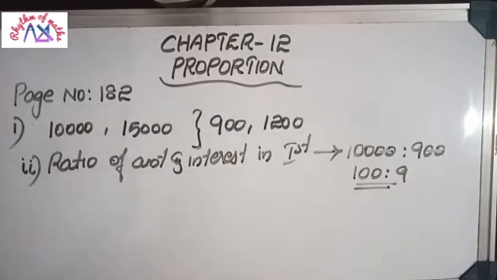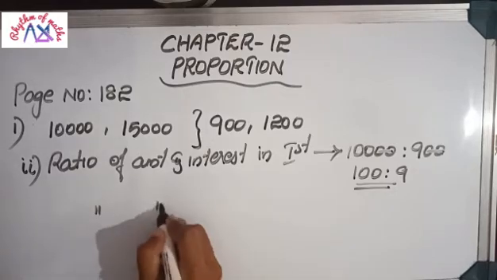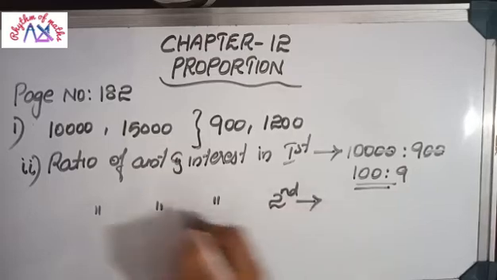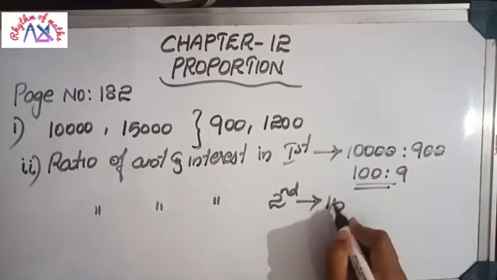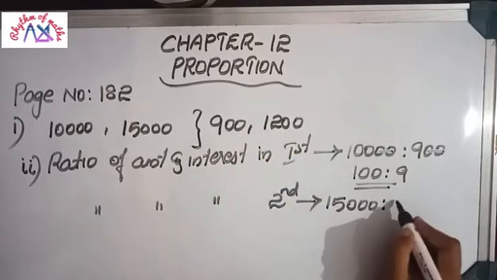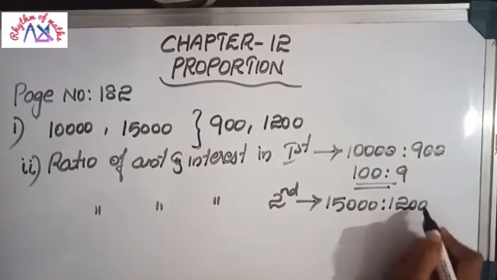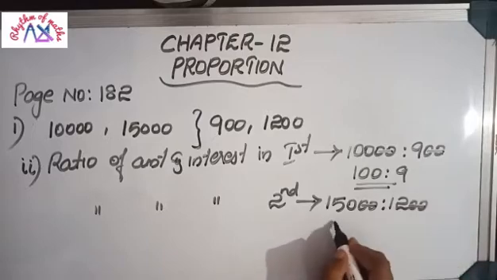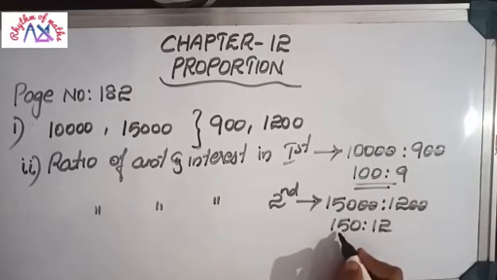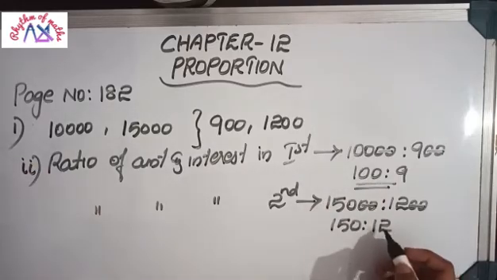Now second is the ratio of amount and interest in the second scheme. In the second scheme, amount is 15,000, so 15,000 is to interest 1,200. Here also 2 zeros we can cancel. So 150 is to 12. This means for 150 rupees, 12 is the interest. We have to convert this in terms of 100. For that, first let's simplify with 3.